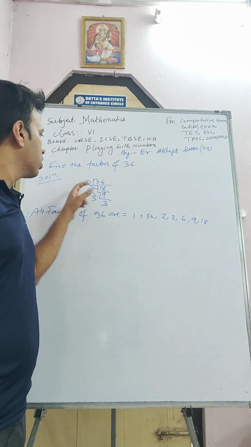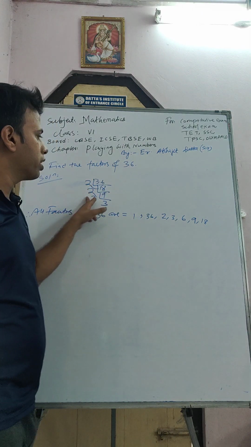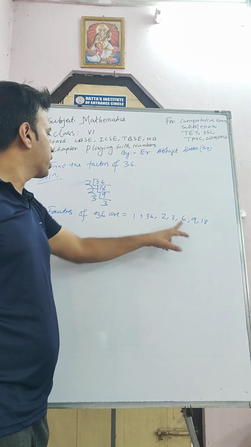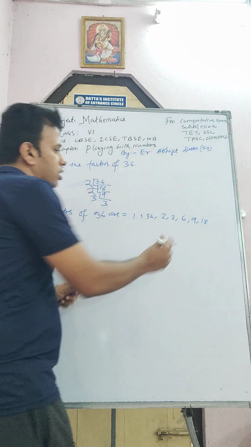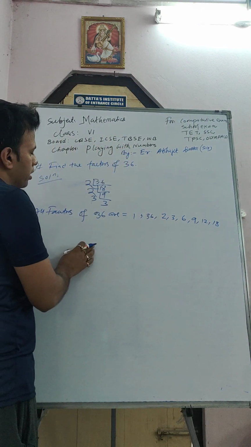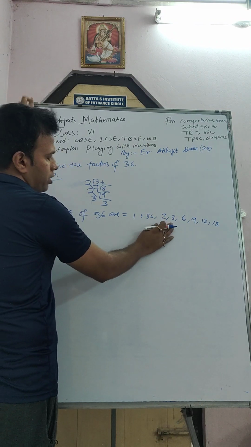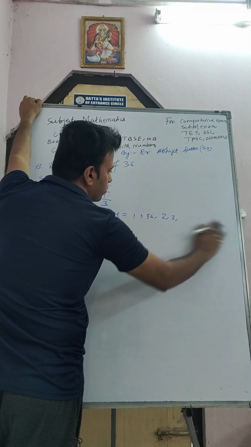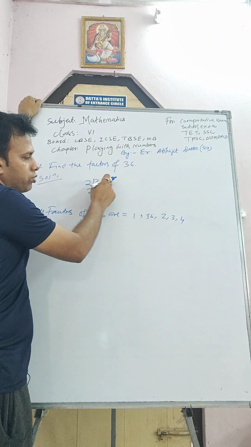Now if we divide 36 by 2, we get 18, so 2 is a factor. If I divide by 3, we get 12, so 3 is also a factor of 36. There is another factor, 12, and 18. If I divide by 3, it will be 12, so 12 and 3 are factors, and 4 is also a factor. If I divide 36 by 4, 4 is also a factor.